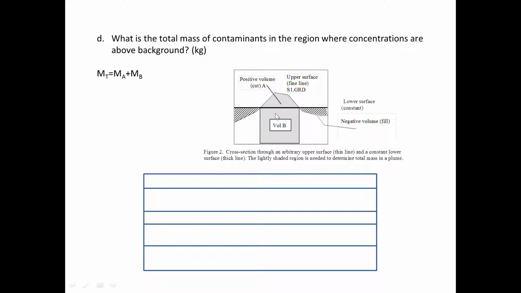So this mass gets it all down to 2,000, and then this one accounts for the mass that is from the concentrations equal to 2,000. Okay, so we'll do this in two steps. The mass from A is the positive planar volume, where we're using concentrations and 2,000 times the thickness times porosity and conversion.